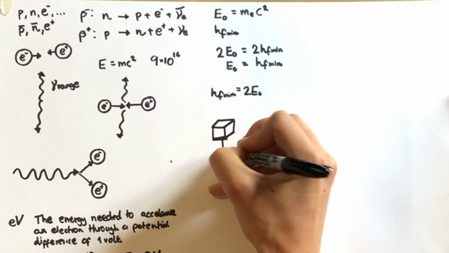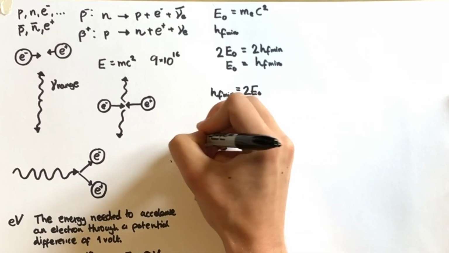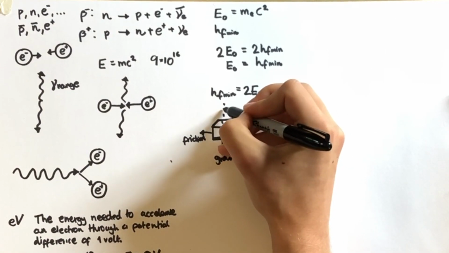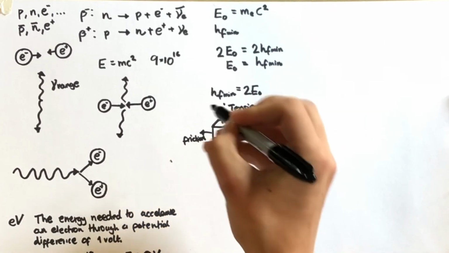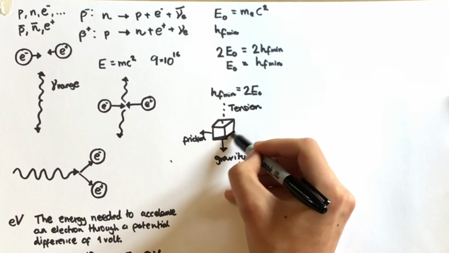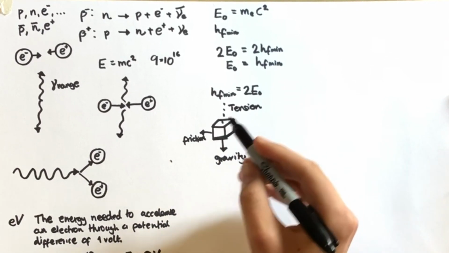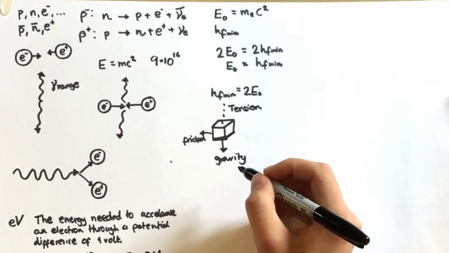It might have the force due to gravity, it might have some friction, or it might be hung from a ceiling, so there might be some tension in this wire. We'll cover all of this in the section on mechanics, and you'll learn then how to resolve forces. But this doesn't really apply at the quantum level. So how does it work?